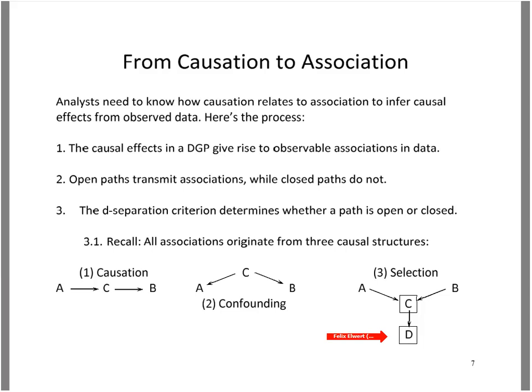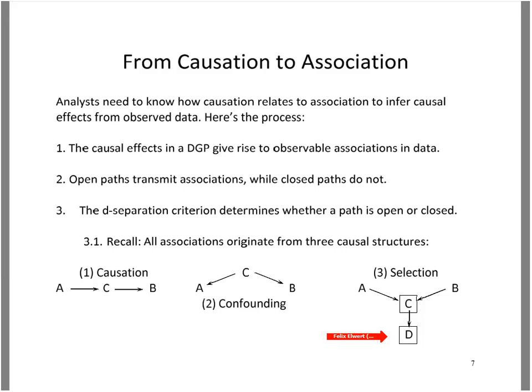So again, the point here was that the association between A and B will change if we condition on a collider between them, or on the descendant of a collider between them. Good.